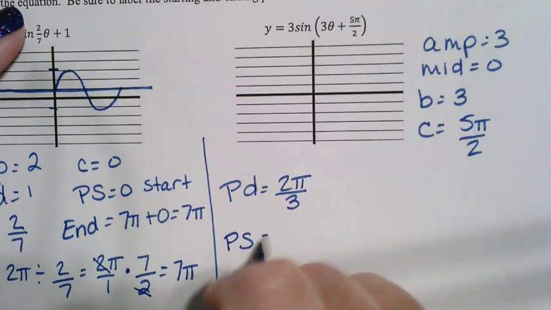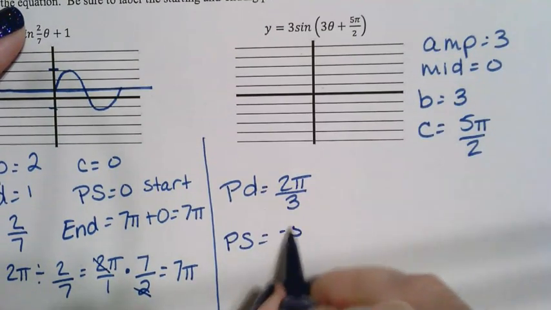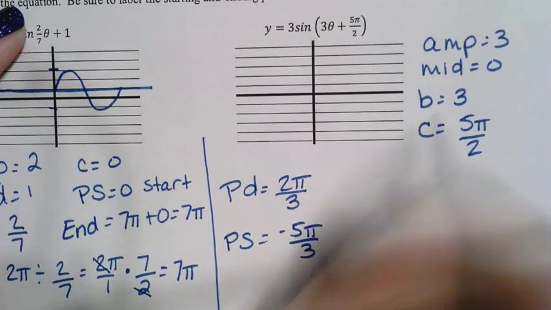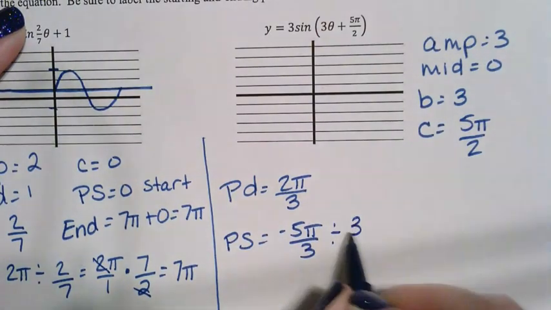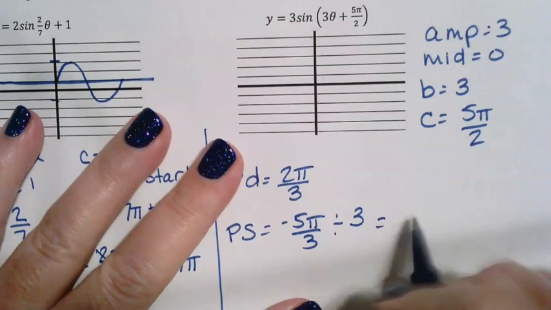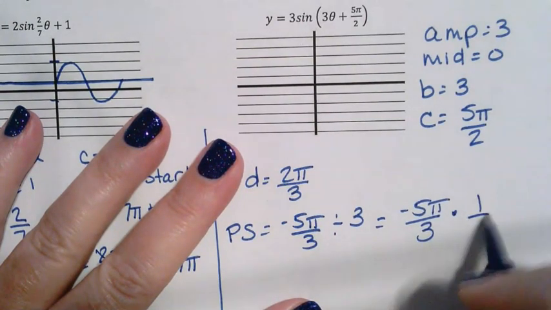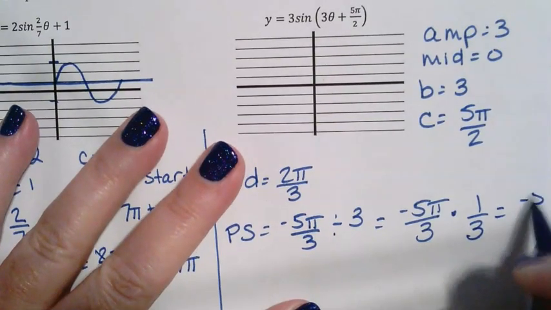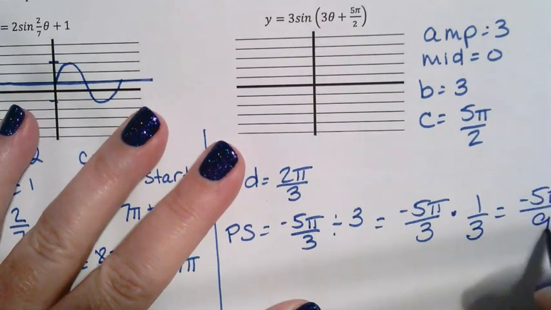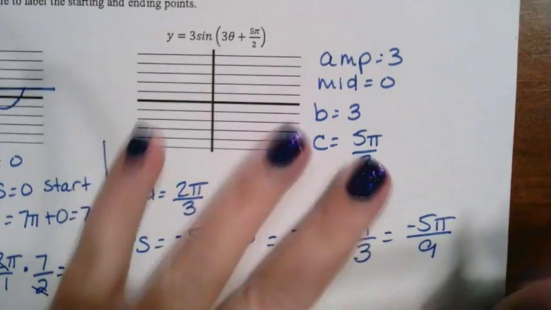Phase shift, opposite of C, divided by B. Keep, change, and flip. So negative 5 pi over 9, and this is a start.